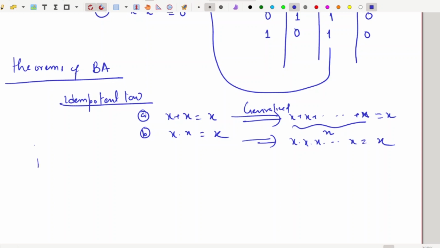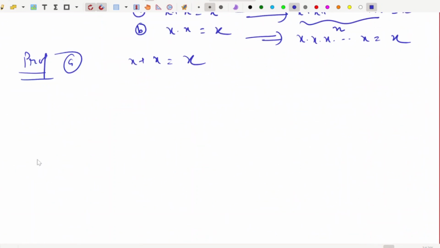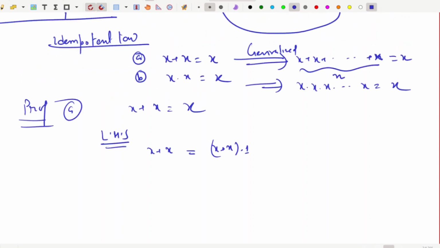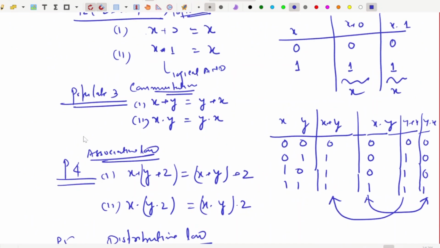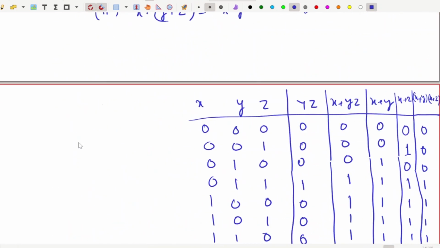So let us prove first x plus x is equal to x. What we have to do here? Let us take the left hand side of the above equation. X plus x, we can write as x plus x dot 1, because when we multiply x with 1, the result is the same as that variable.